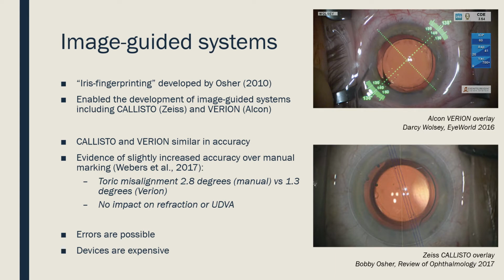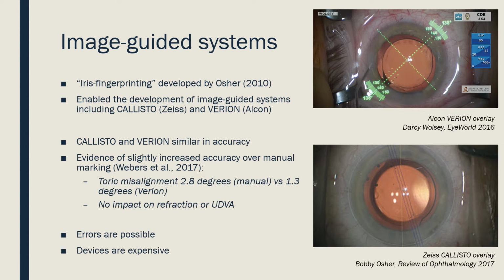So image-guided systems are increasingly popular and help automate the process. The concept of iris fingerprinting was developed by Bobby Osher in 2010, and this led to the development of the Callisto from Zeiss and the Verion from Alcon. Now, both devices are very similar in their accuracy, and there's some evidence that they may be slightly more accurate than manual marking.